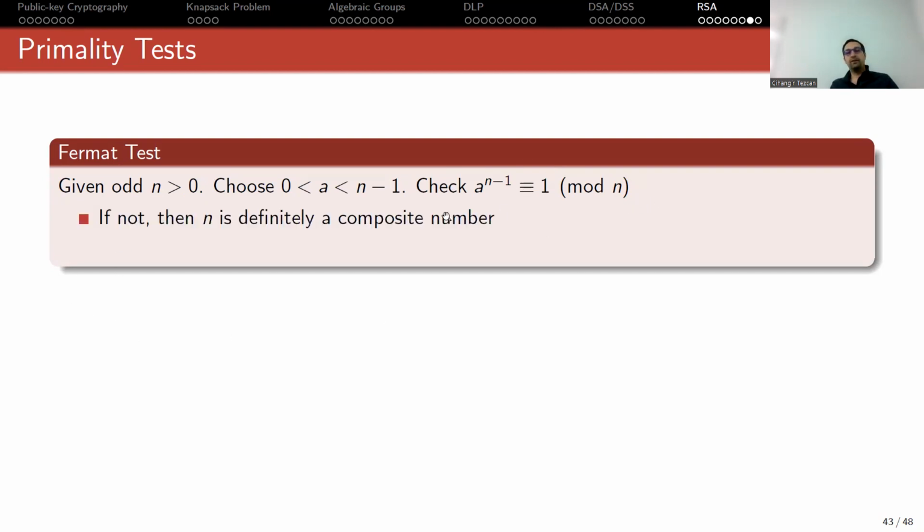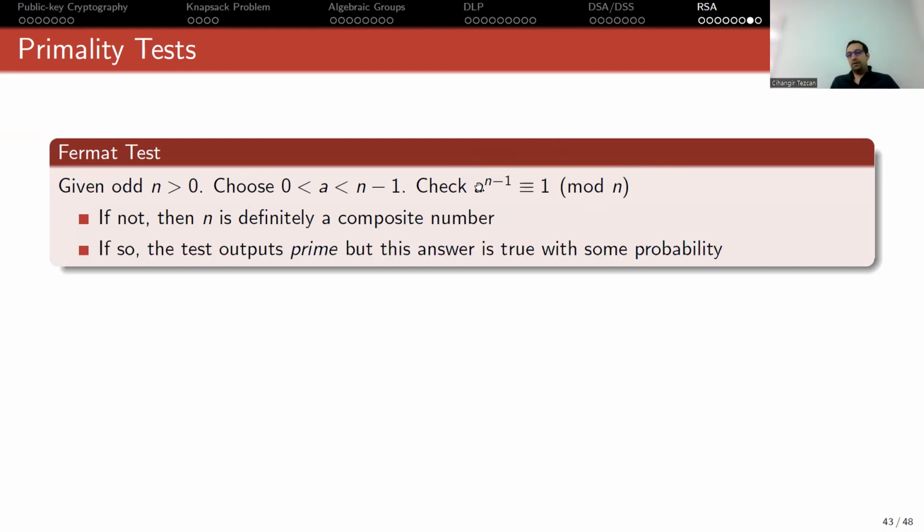So if this is not equal to 1, then n is definitely a composite number, because Fermat's theorem says that if n is prime, this has to hold for any a. So if it doesn't hold, then it is composite. So a Monte Carlo algorithm which says that n is composite is true all the time. But if the equality holds, then the test outputs prime, but this answer is true only with some probability, right?